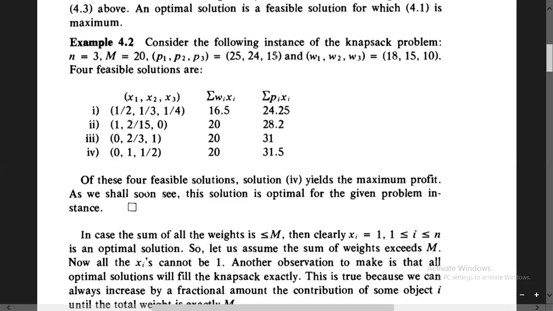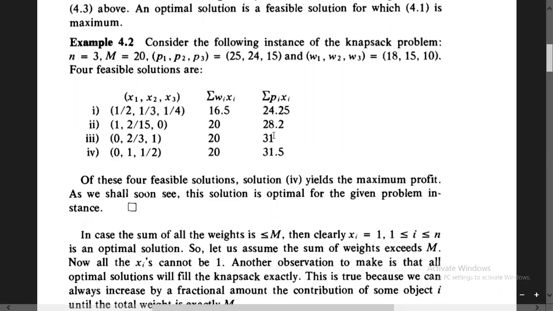Other method is you try to get the highest weight first, and correspondingly you will get the corresponding profit. Third method is you are going to take the fractional value of the item, and even the profit becomes fractional of that. So you have considered these 4 values. Out of the 4 values, the last solution gives you the highest profit.